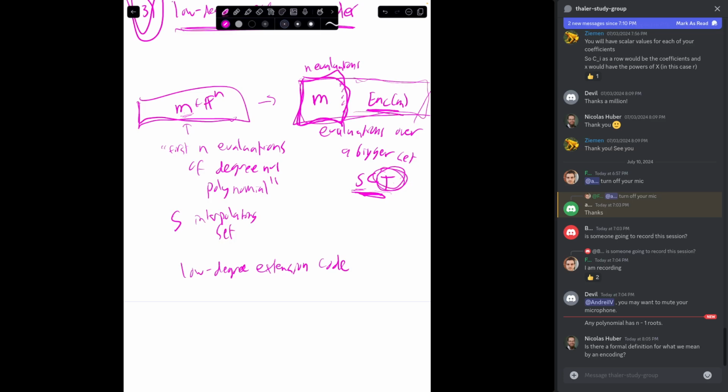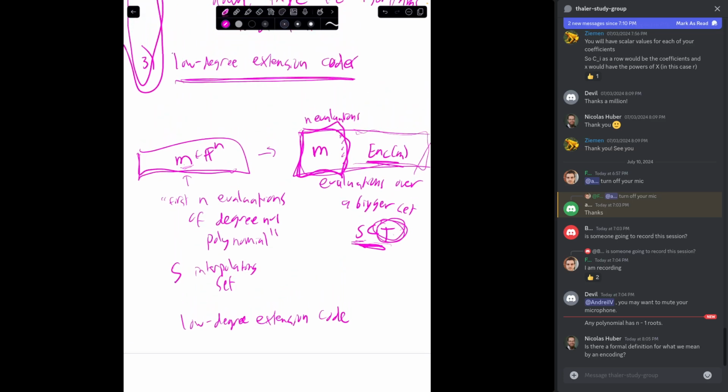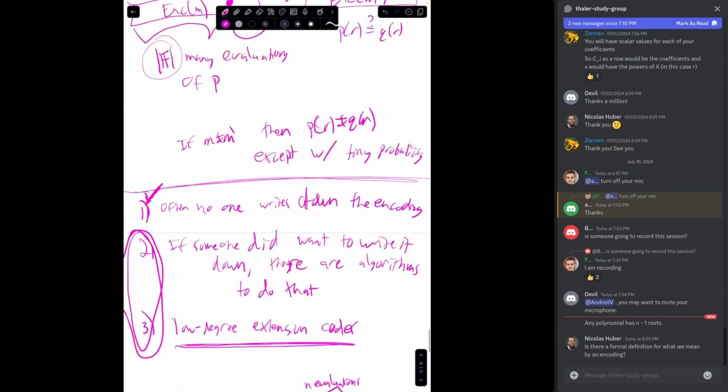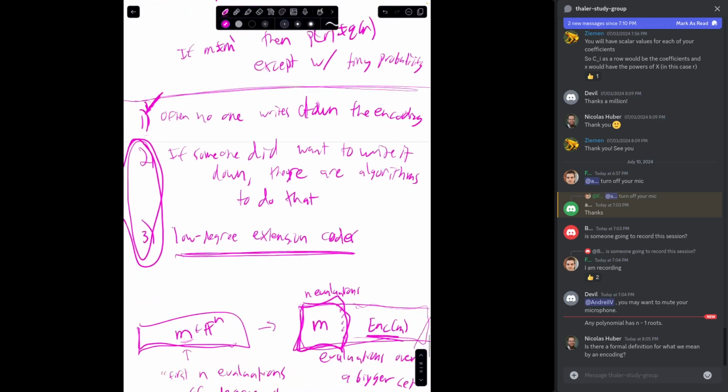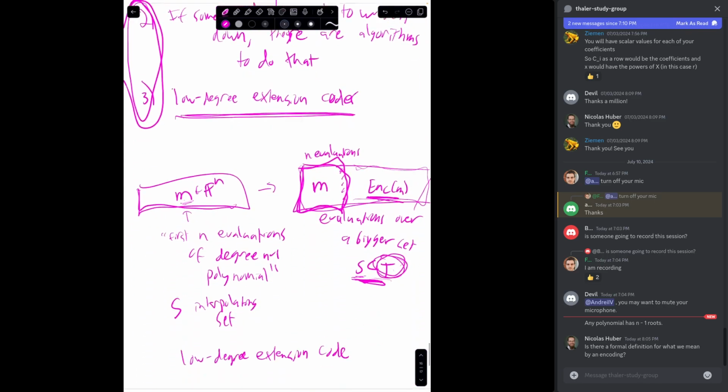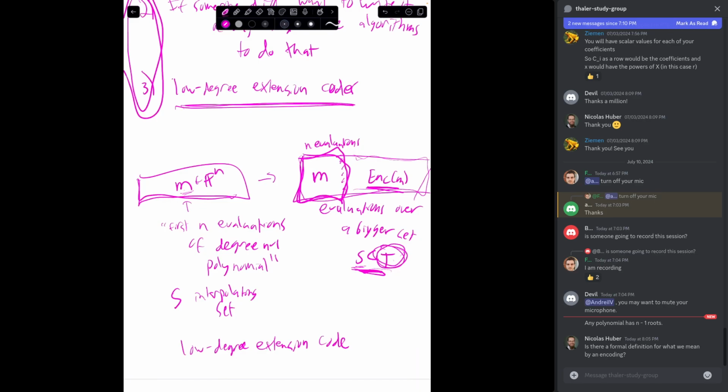Now, when people talk about Reed-Solomon codes, they often mean the low degree extension code, but Reed-Solomon generally means you interpret the message as a univariate polynomial, and then the codeword is a whole bunch of evaluations of that polynomial. But Reed-Solomon is used to refer to several different ways of going from M to the associated polynomial.